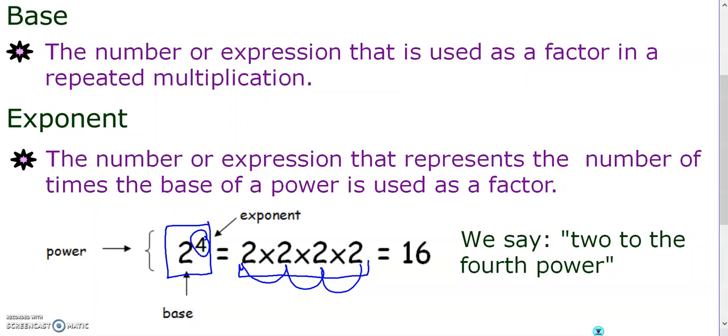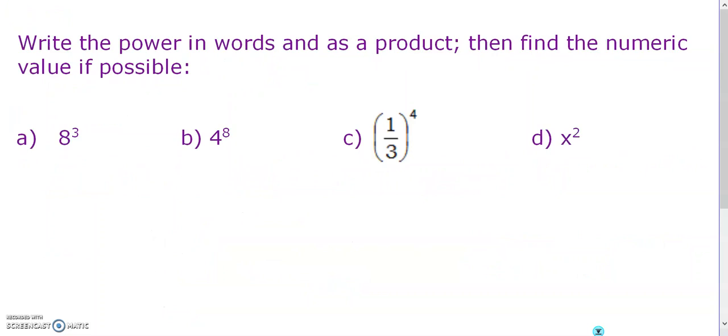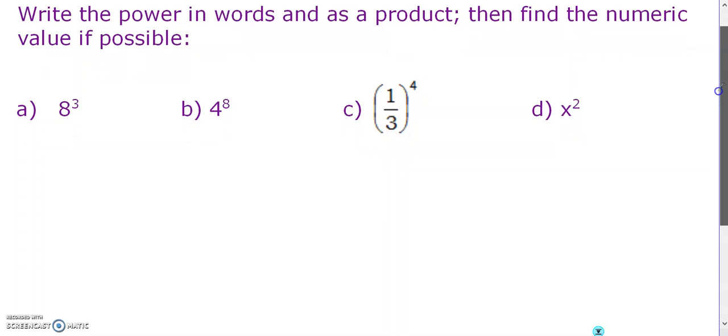We'll take a look at how we might say and write some of these. It says, go ahead and write the power in words and as products, then find the numeric value if possible. So 8 to the 3rd is how you would say that.